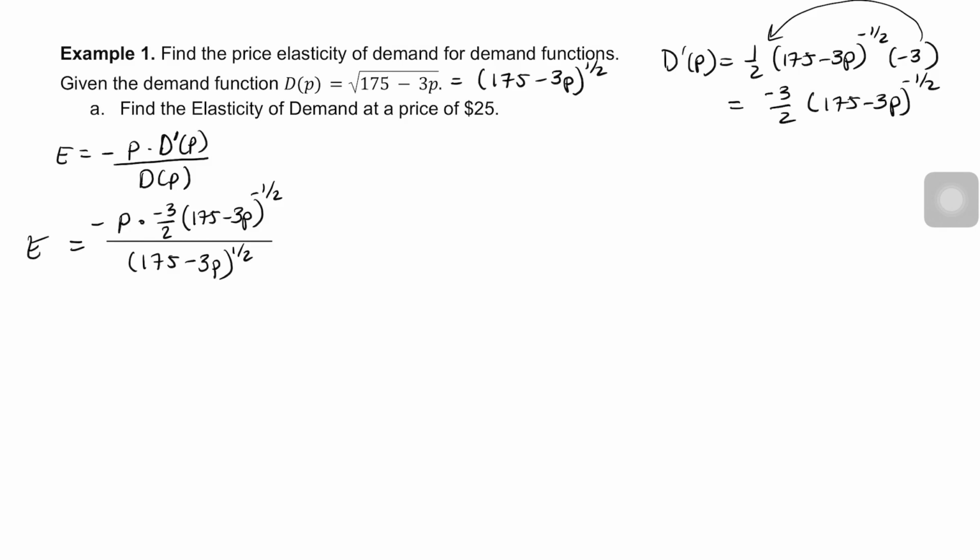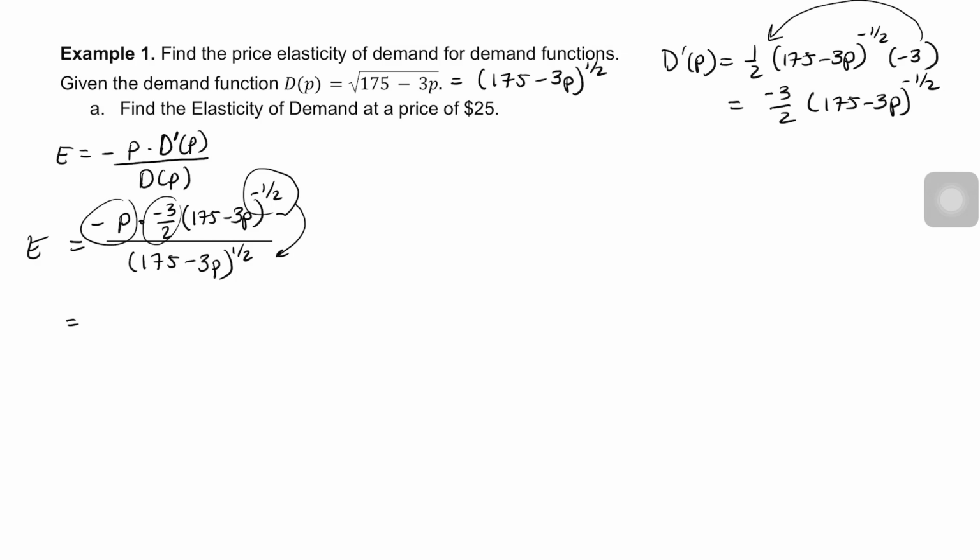At this point, all we've got to do is simplify. We know that this has a negative power, so we can bring this down, and we can multiply these together.